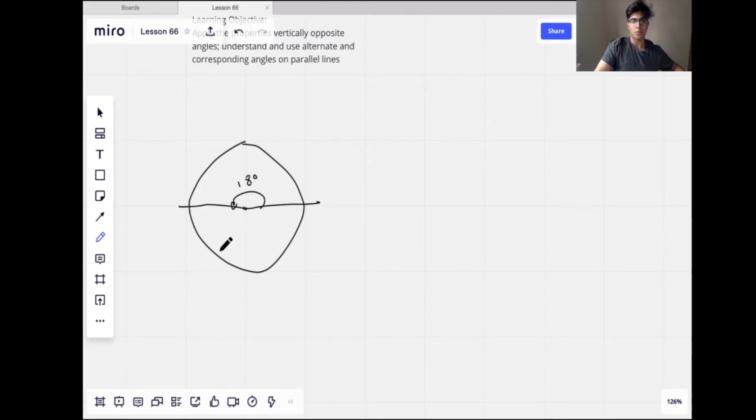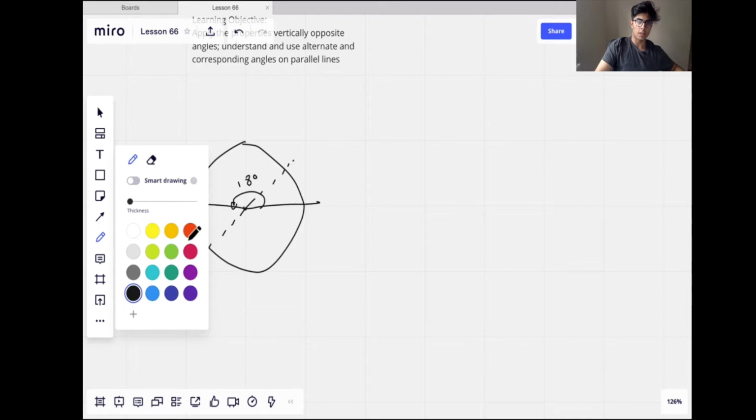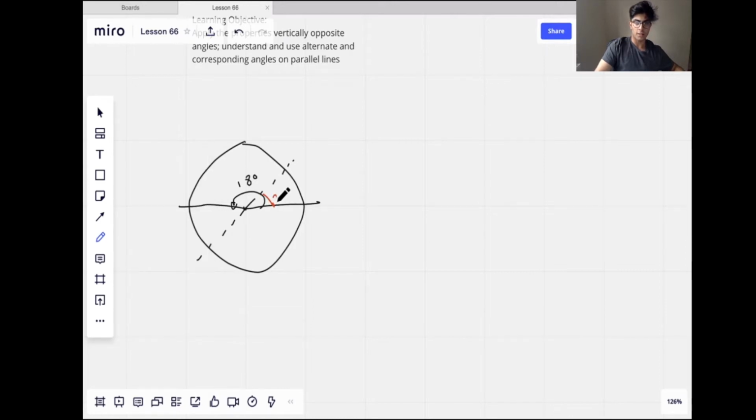If we draw another line through this, and it is cut into angles, say x and y, we know x plus y would add up to 180 degrees, because angles on a straight line add up to 180 degrees. We figured this out from the idea that angles around a point are 360 degrees. We talked about that last video.